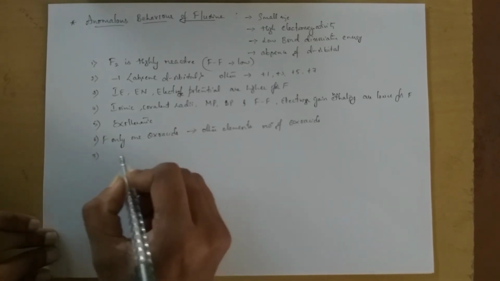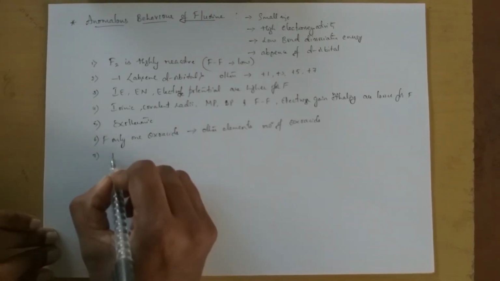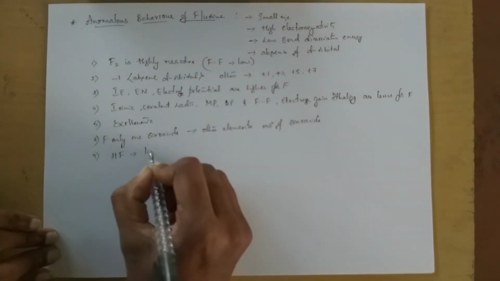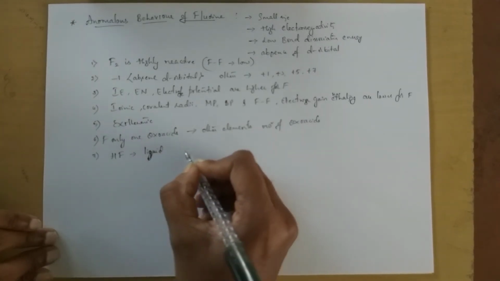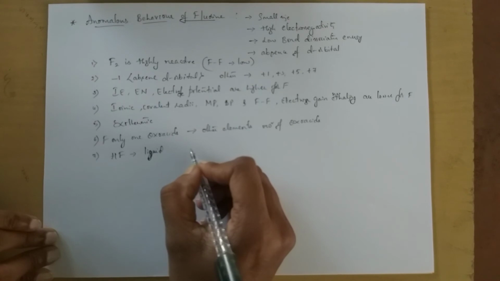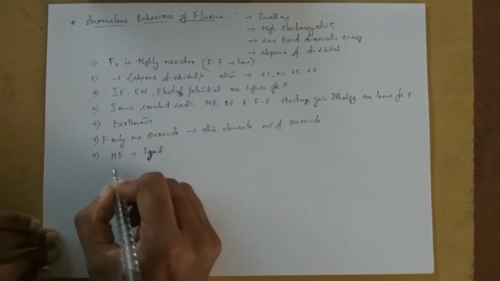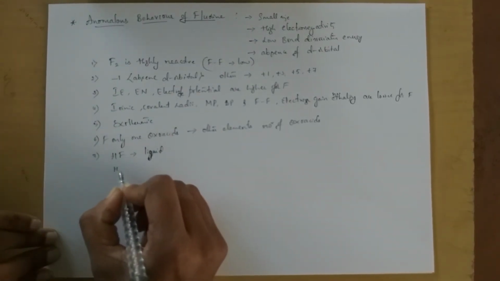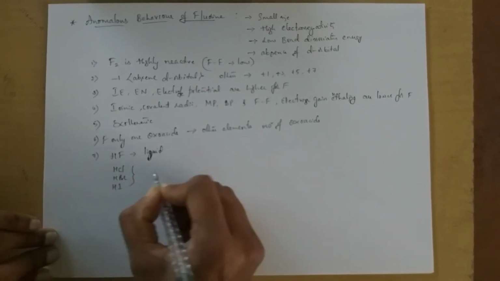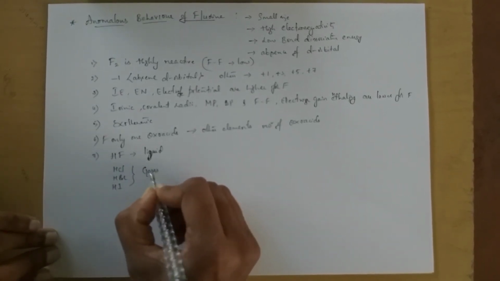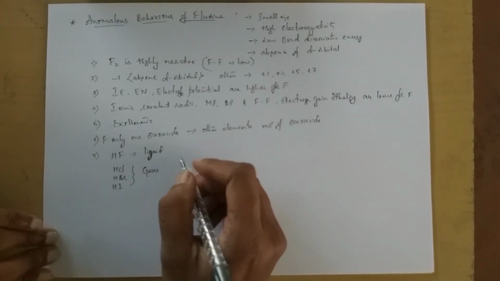Then lastly we have hydrogen fluoride, that is a liquid, whereas other halides are gases. Okay na, so other halides, that is HCl, HBr, HI. So ಇವೆಲ್ಲವೂ ನಮಗೇನು gases. Okay na, why is hydrogen fluoride a liquid?